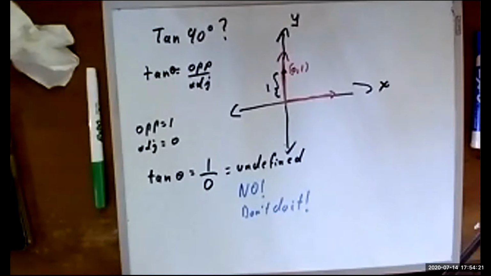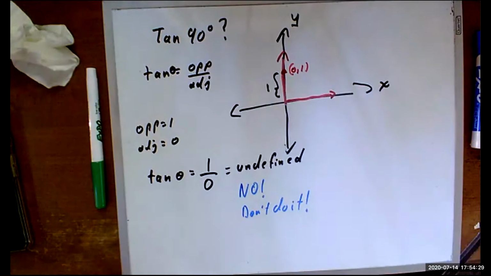You are not allowed to divide by 0. So when we look at the tangent of 90 degrees, we end up dividing by 0, and we're not going to do that, which is why in all sorts of places you'll see that there's that dashed line. Wherever you see that dashed line on that chart, that's where we've tried to divide by 0, and that's simply not allowed.